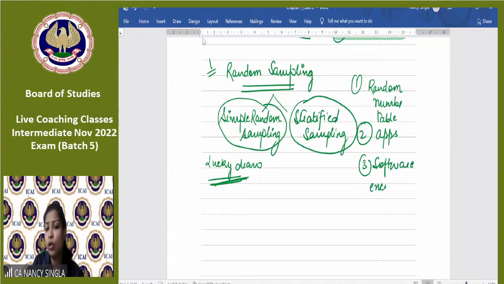And as you all know, in Excel also you can generate a random number by entering the formula RANDBETWEEN. Let us see how to obtain a random number using an app. We will practically do it. Someone was asking, ma'am, can this practically be done? Yes, it can be done.